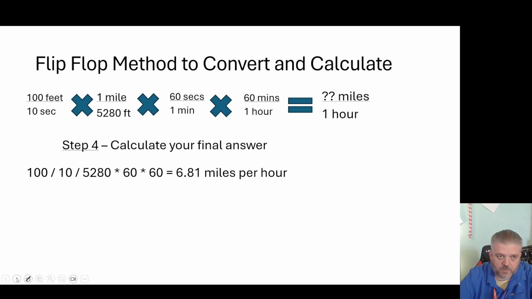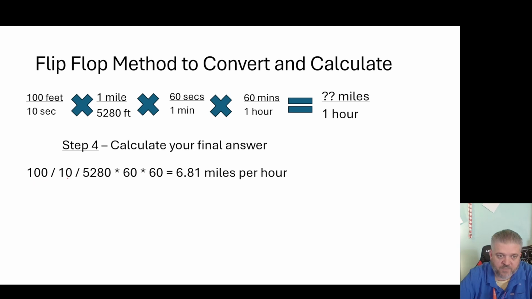Now I just carry it all over and calculate my final answer. So 100 divided by 10. This is still at the bottom, so I'm dividing by 5,280 times 60, because 60 is in the numerator, times 60 that's in the numerator.